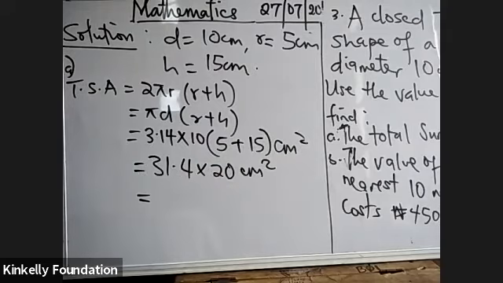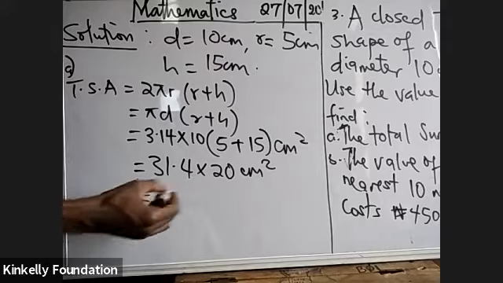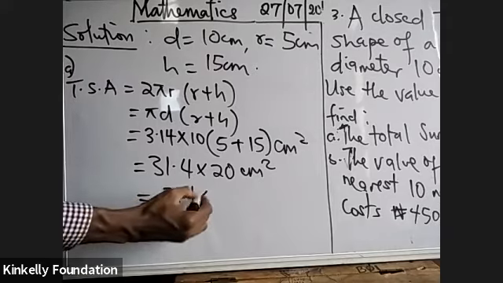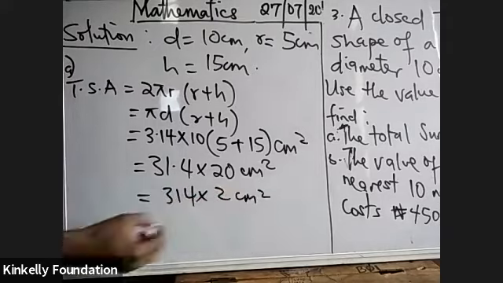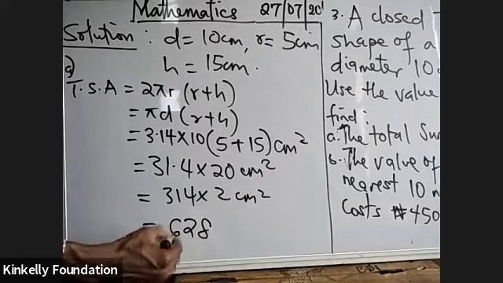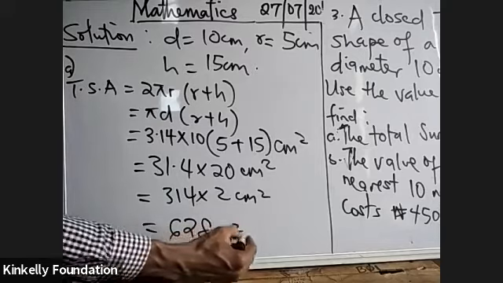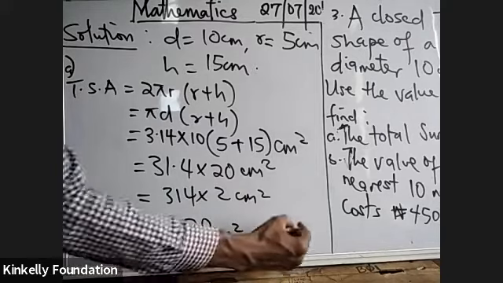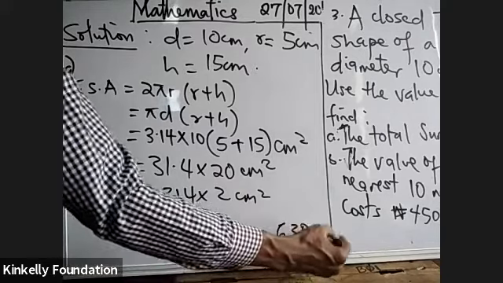What do you now have? 314 times 2 cm squared to give us 628 cm squared, approximately 630 cm squared.